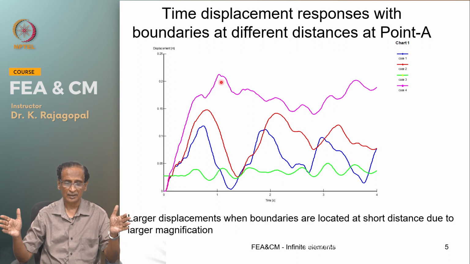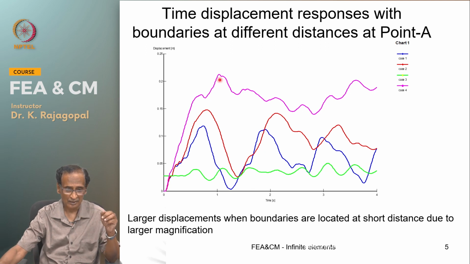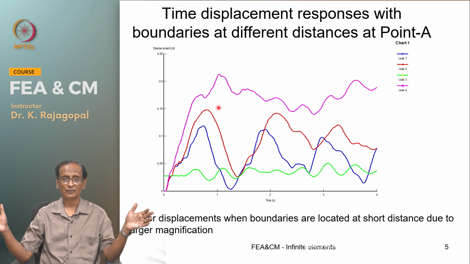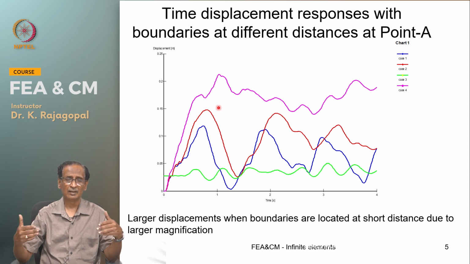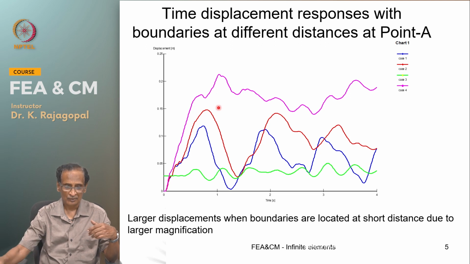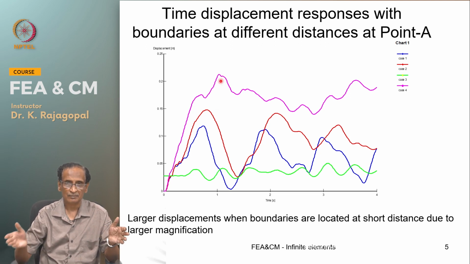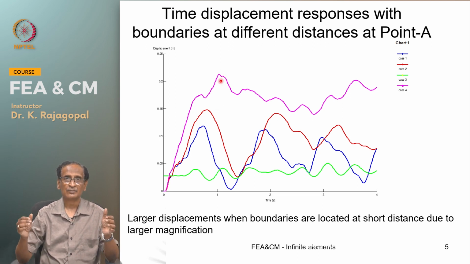So, if you place the boundaries too close, then your displacements are very high, and as you move the boundaries far away, then the result may be more appropriate corresponding to the loading. Whereas with boundaries too close, your results may be affected by the oncoming wave and then the reflected wave.